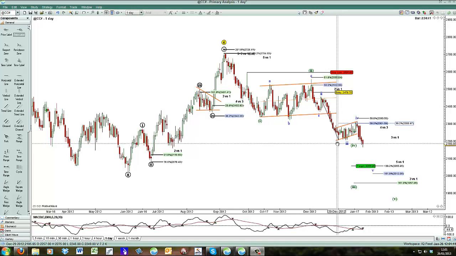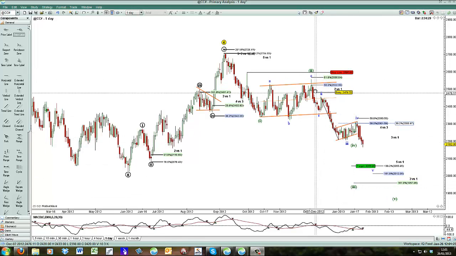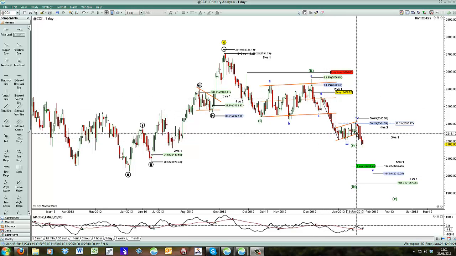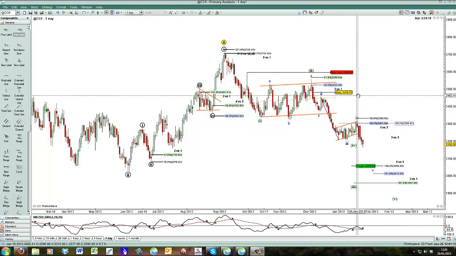And then here we go with another correction, which starts on the 1st of Jan and ends on the 19th, so a 19-day correction. Within this third wave that we're counting now, the green wave 3, you can see wave 2 was short and sharp, and wave 4 was much shallower and much longer, and that's what we look for in terms of alternation of the corrective waves 2 and 4.